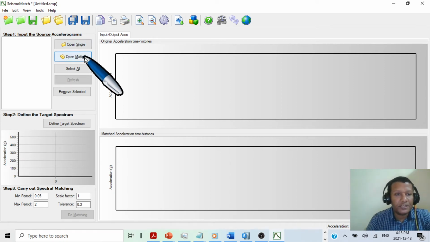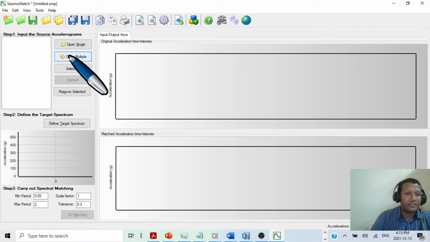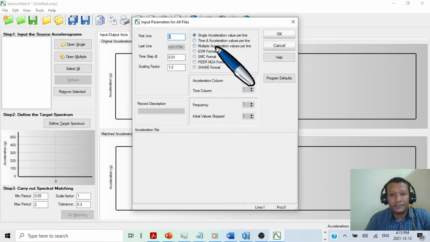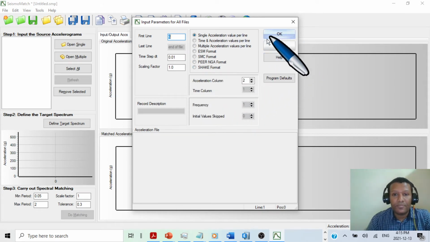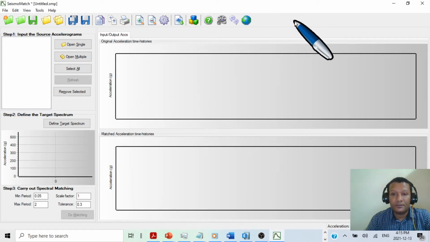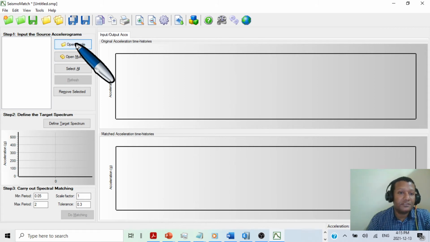You can open single or you can open multiple files. For example, we can open multiple files, or for example here, let me go, okay, because this is the student version, let me go to single.